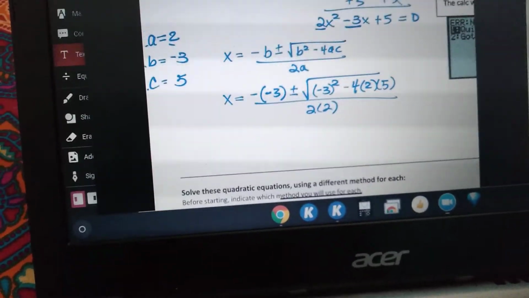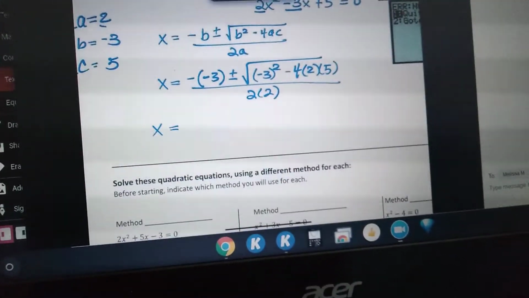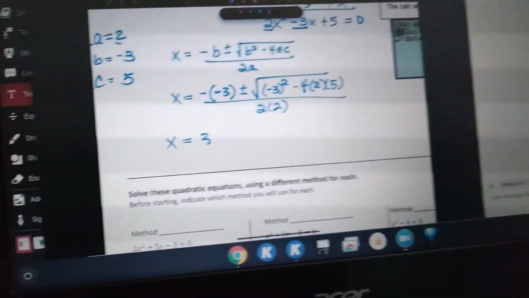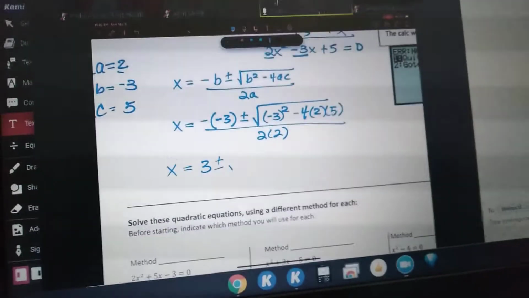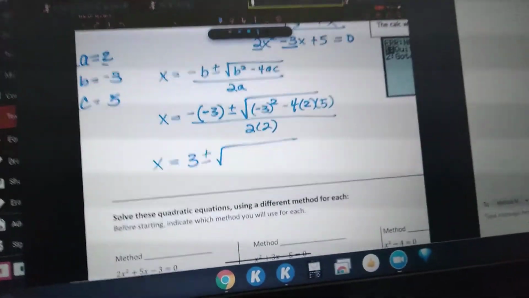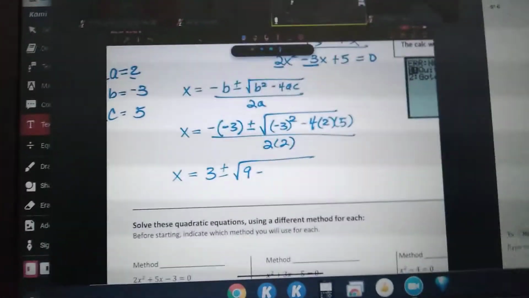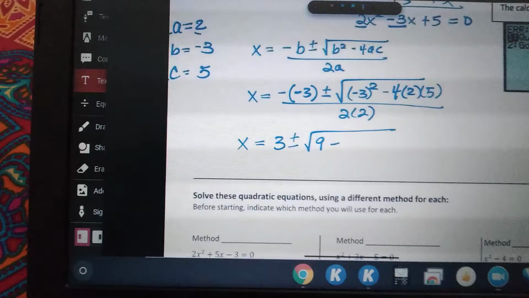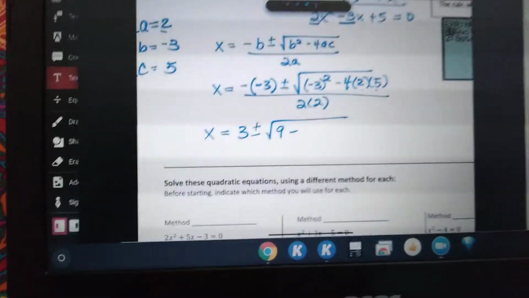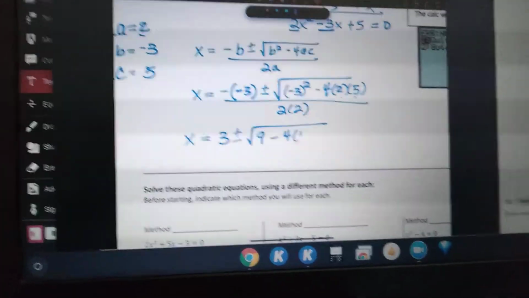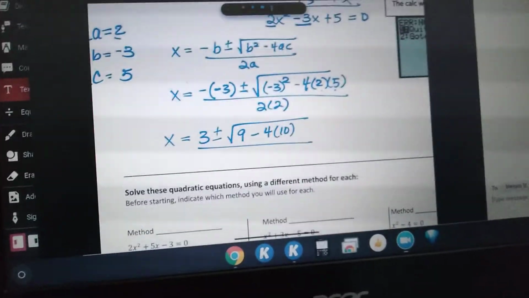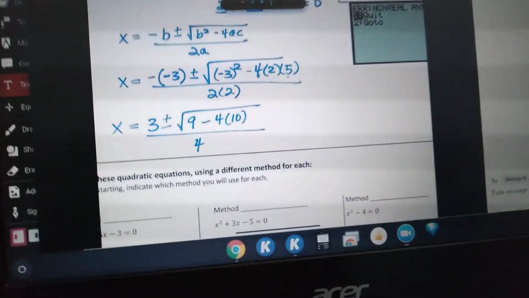Everybody understand? Good. So this simplifies to negative times a negative is a positive 3, plus or minus the square root. Negative 3 squared, 9. Alexander LeBron, turn your camera on. Minus, this is 2 times 5 and negative 4 times 10, all over 4. Everybody following so far?